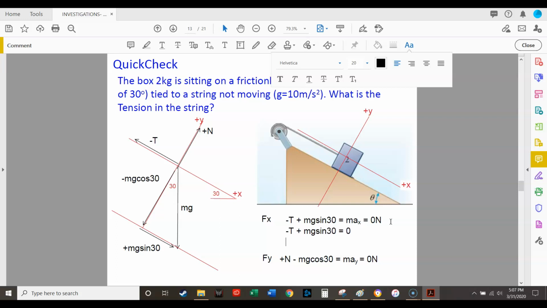Now I'm going to add the tension to both sides, and what I have is mg sine of 30 degrees is equal to the tension. I just brought the tension onto the other side.